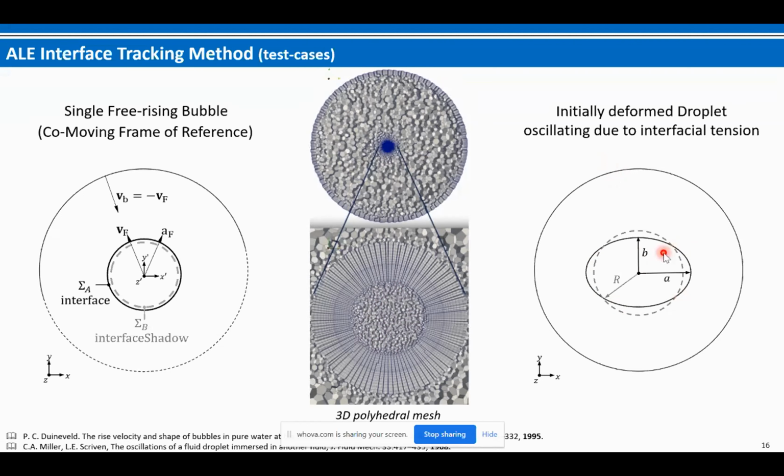Then the droplet or the bubble oscillates due to interfacial tension forces. There are approximate analytical profiles available for this case under some conditions, like for inviscid fluids or for the limiting case of low or high viscosity of the fluids.